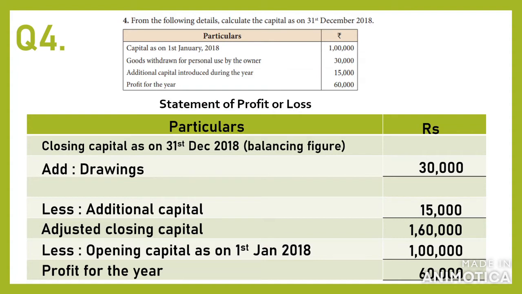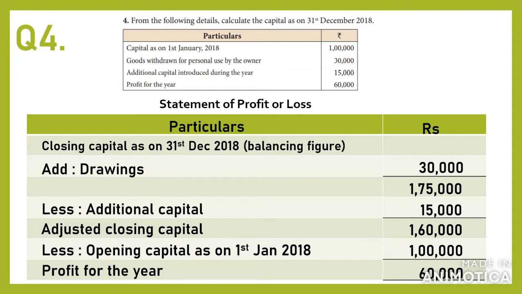Additional capital is 15. So what should be the figure that you need to get after the drawings of 30? It has to be a figure of 1,75,000. So if you have a figure of 1,75,000 and from that you reduce 15, you get to the adjusted closing capital of 1.6 lakhs.